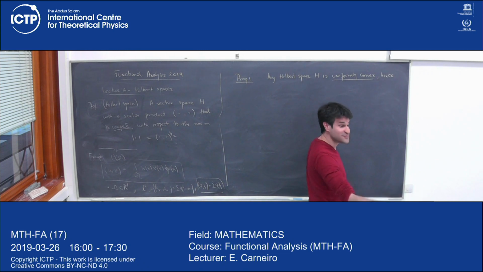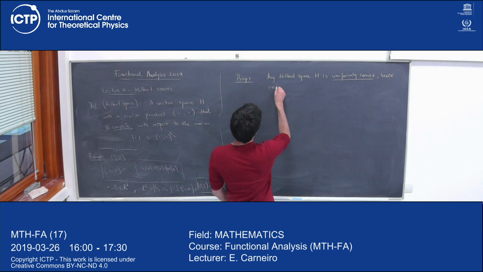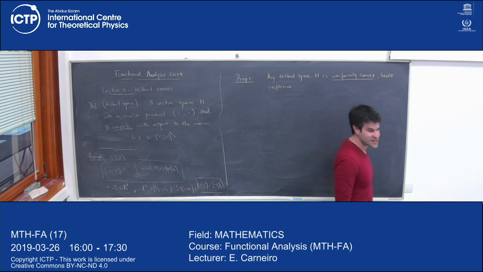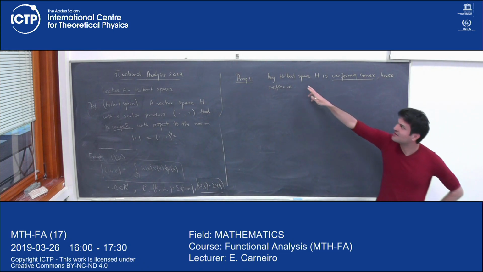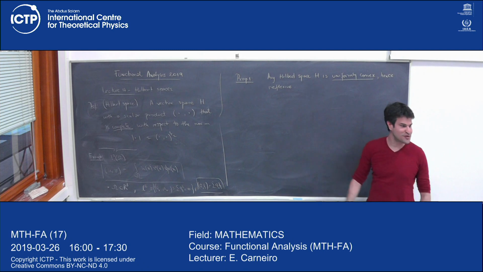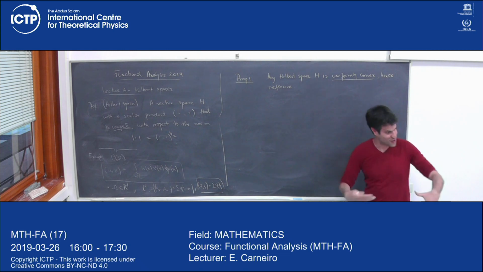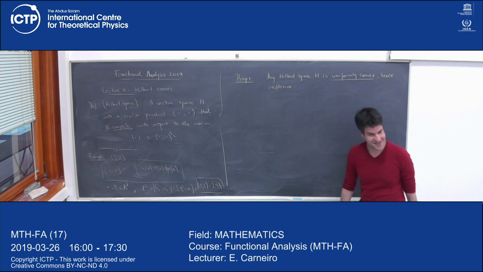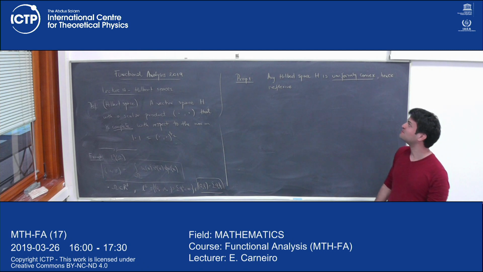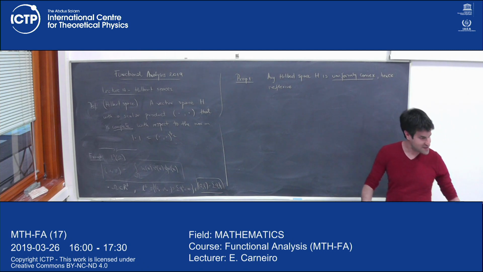And uniformly convex means reflexive. From now on I won't write anymore that when I mention a Hilbert space, I am underlying the hypothesis that we have a scalar product and the norm I'm considering is the norm derived from the scalar product. So, any Hilbert space is uniformly convex, hence reflexive.